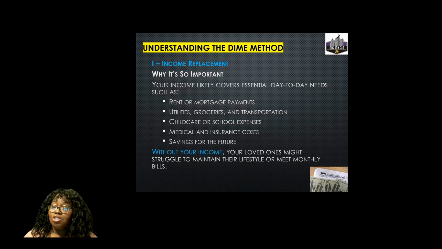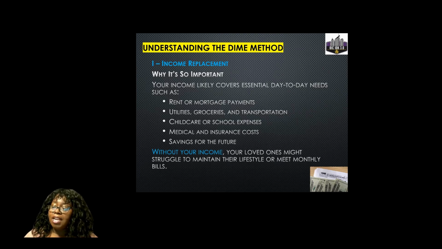Childcare. If you have a child that's not a school age child, how would that child care be provided? Will your loved one be able to continue to work and also pay child care, school expenses, medical, insurance costs to make sure that they can continue with their proper protection and savings for the future, that they have something that they can continue to grow on?